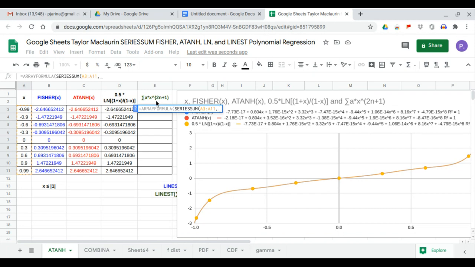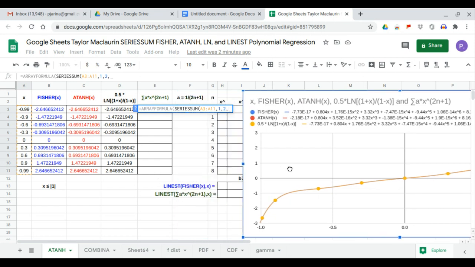Now the x is raised to 2n plus 1, so our n starts from 0 to infinity, so 2 times 0 plus 1, that's 1. The next will be 2 times 1 plus 1, 3, so 1, 3, 5, 7. So starting from 1, incremented by 2. So 1, 3, 5, 7, 9, and the coefficient will be this range.